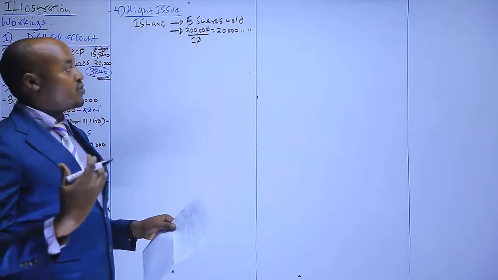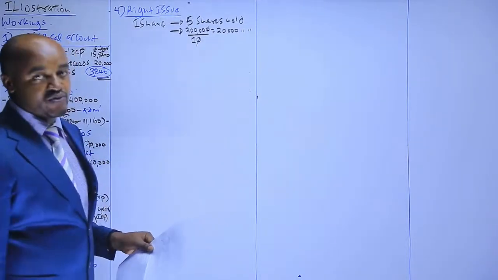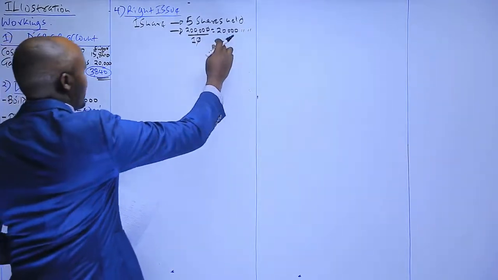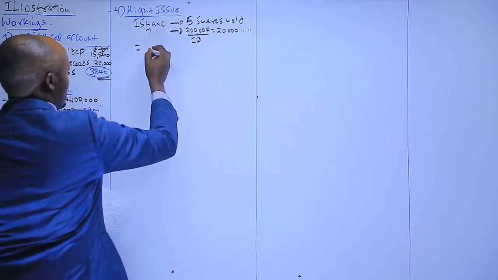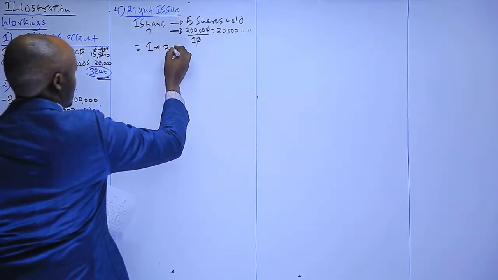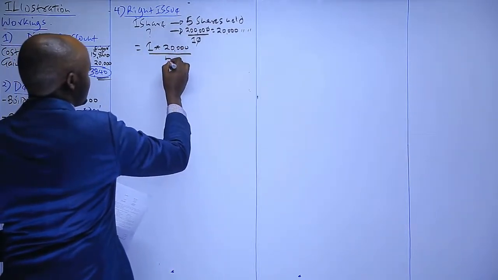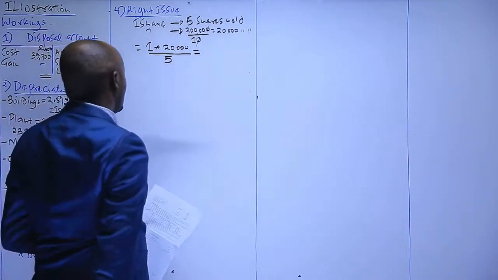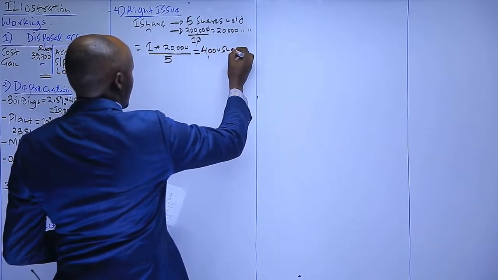So the company was to issue 1 share for every 5 shares which were held. The shares which were held were 20,000. So we need to determine how many shares were issued during the rights issue. We take 1 times 20,000, we cross multiply, then we divide that with what? With 5. So this will give us 4,000 shares.